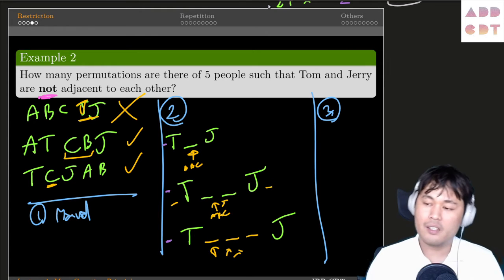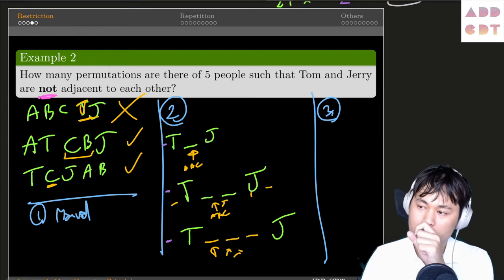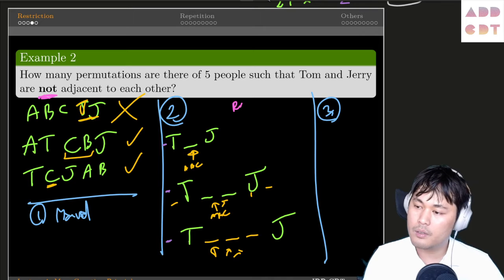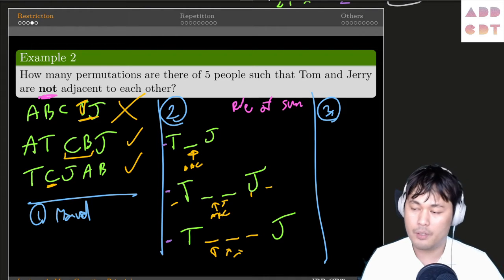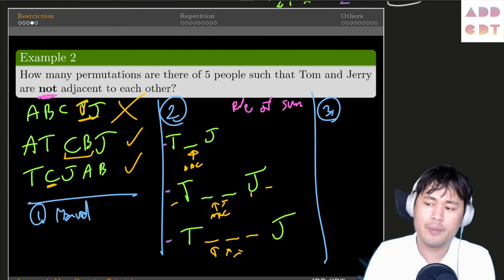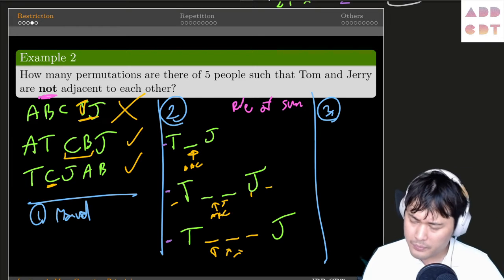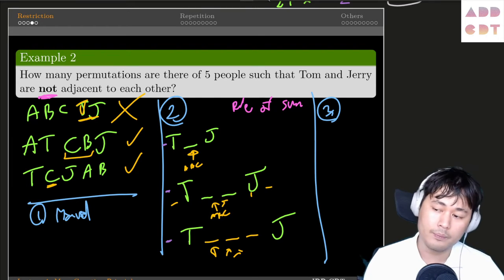Right, so in this case, if you decide to use this approach, then what we are using here is what we call the rule of sum. We are using the rule of sum because we divide the problem into three separate cases, where each case is totally different. They have no common element.